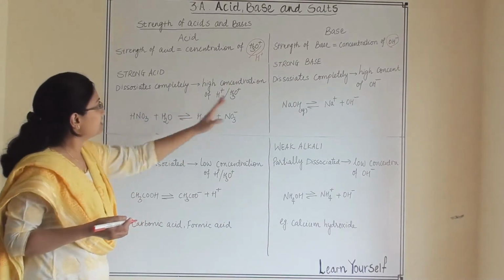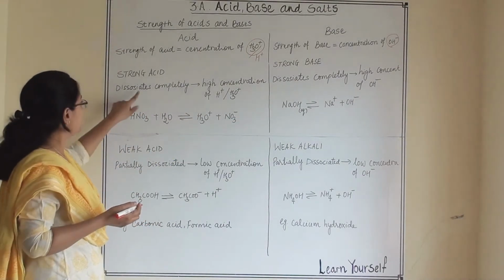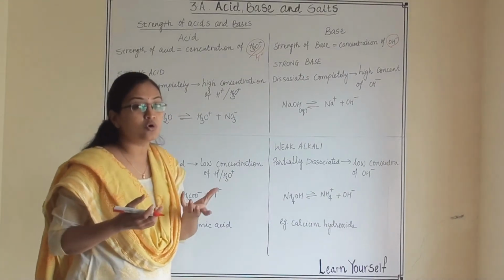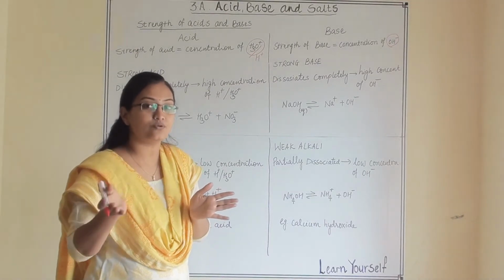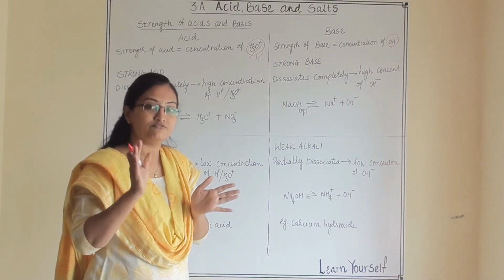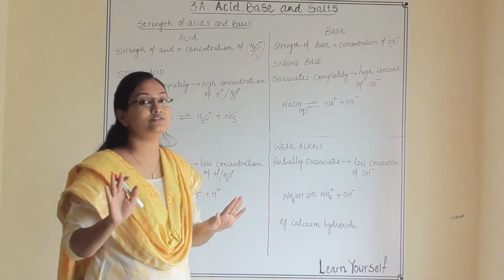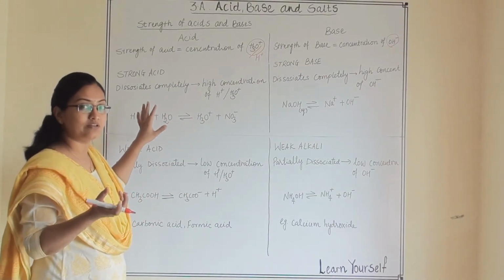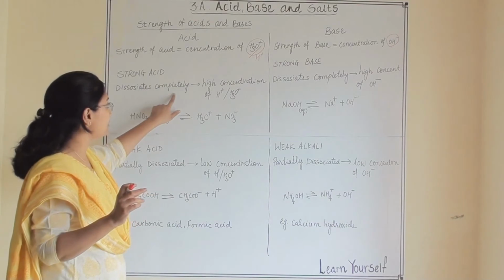So let us see the difference between these two. When it is a strong acid, it dissociates completely. It means if there are 5 molecules of hydrochloric acid, you are going to get 5 H plus and 5 Cl minus. It dissociates completely. However many acid molecules there are, all molecules will dissociate.